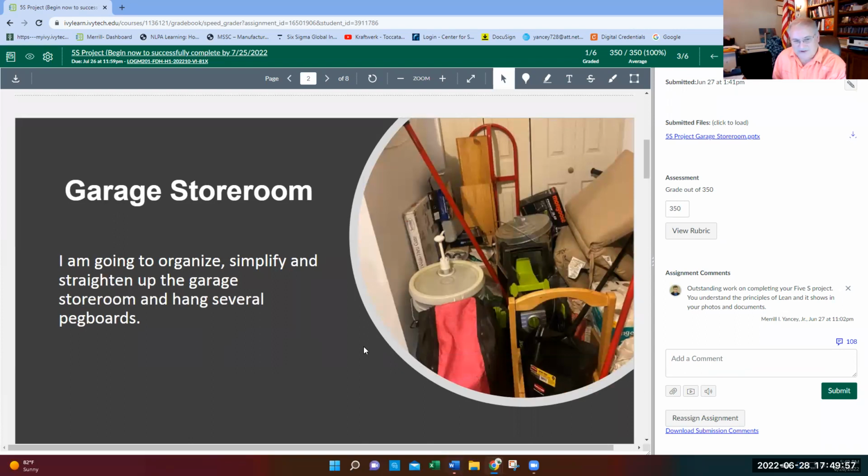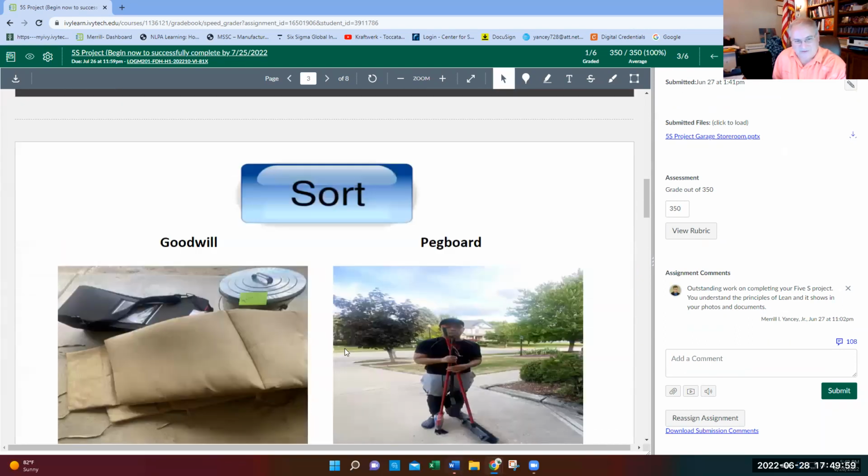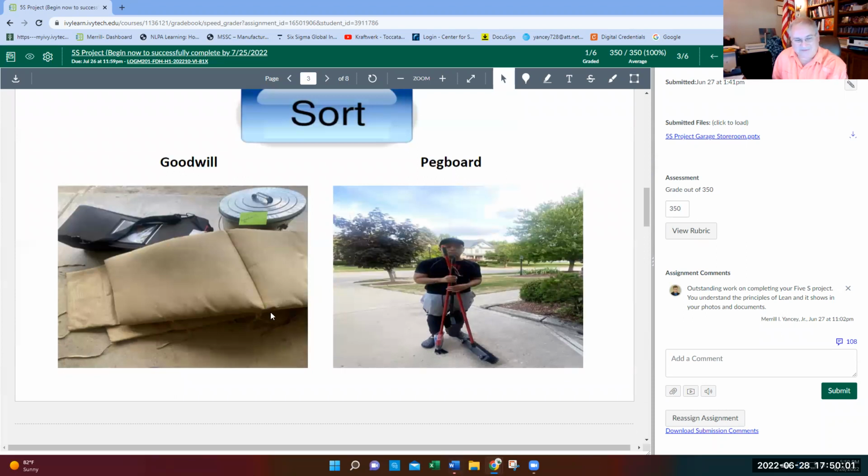So he told what he was going to do, organize his garage storeroom. Started off with sorting out what he was going to keep, and he's got a tag up here, so he's probably got a destination for that. What he's going to sell, what he's going to donate, what he's going to toss in the can.